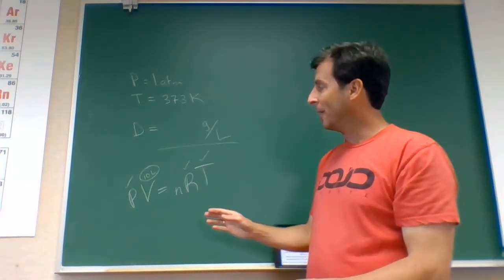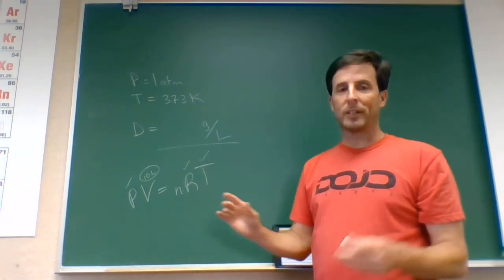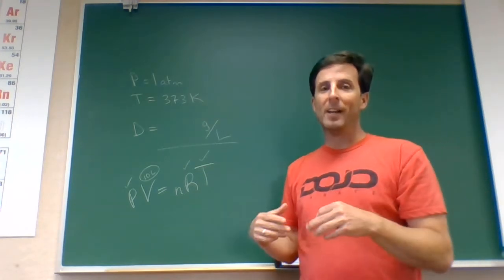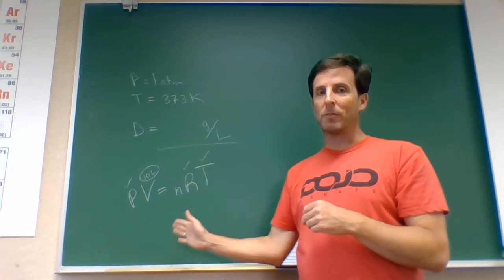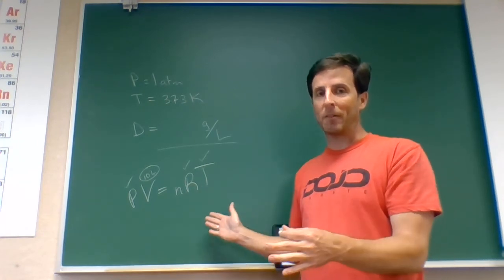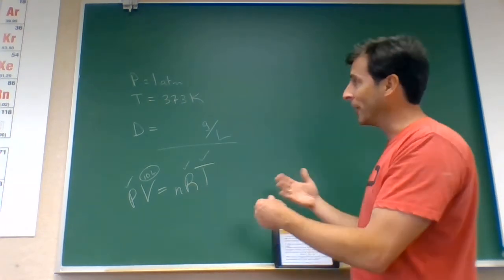Because the volume and the moles are proportional to each other somehow, as long as both of them are unknown, I can't do anything with that. But if I just lock one of them in, that's going to allow me to solve the problem. Okay, so now let's plug everything in.